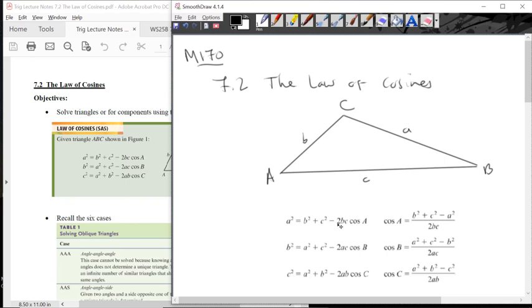Well, notice that the law of cosines formula then, where angle A is 90 degrees, this term negative 2bc cosine A would all just equal 0, because cosine of 90 degrees is 0. And again, if angle A was 90 degrees, then the side length A would have been the hypotenuse. So this would have been the correct formula for the Pythagorean theorem.